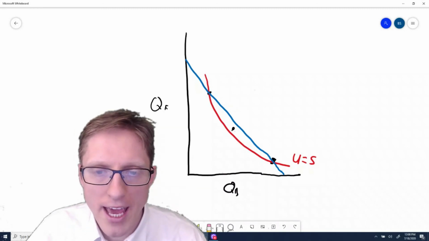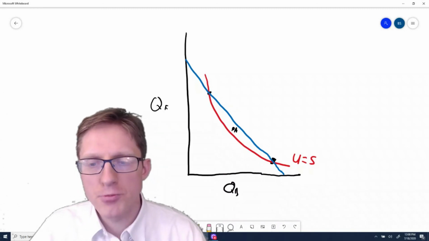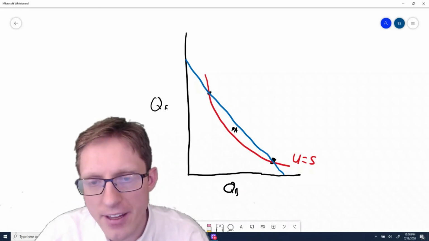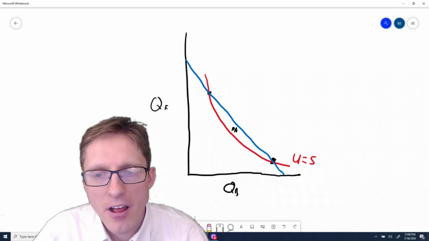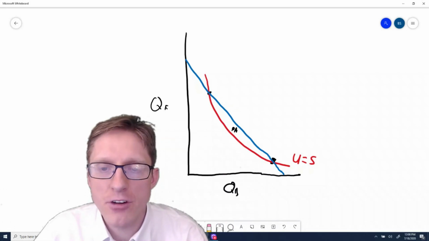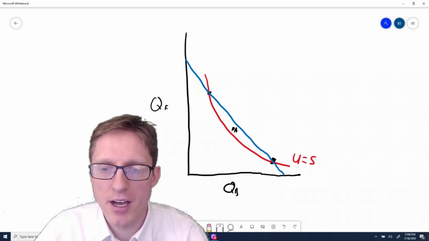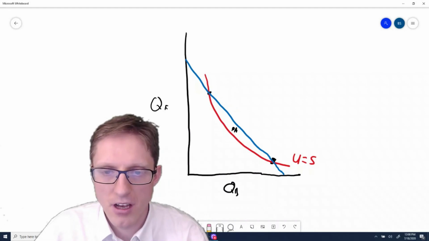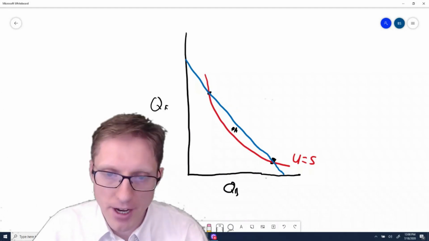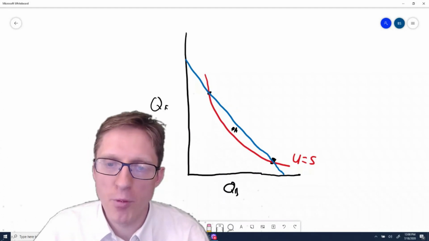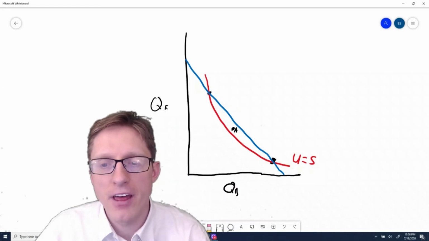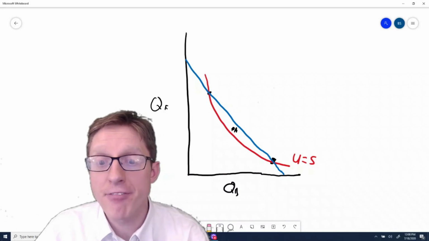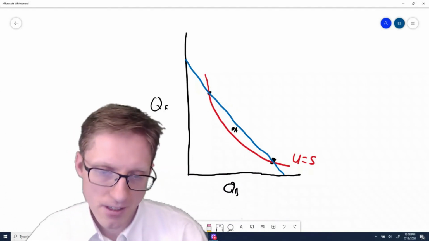So this point A is preferred to all points on that indifference curve. Hence, any point on this indifference curve cannot be a point that was maximizing this consumer's utility. Just to reiterate, because point A is preferred to all points on the indifference curve, and because it's down and to the left of the budget line, it is a feasible consumption bundle. Okay.